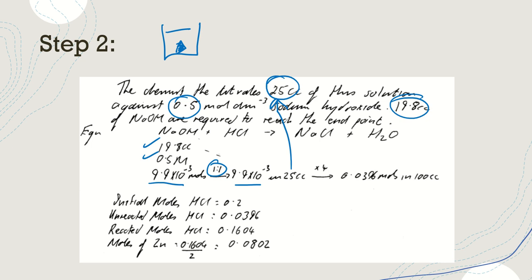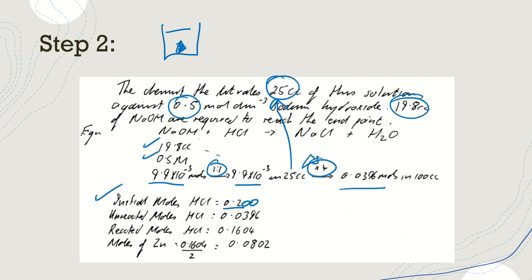So if I go to the next part, I need to work out how many moles of hydrochloric acid were left over and unreacted in my 100 cubic centimeters. I take my moles in 25 and multiply them by 4, and that tells me I have 0.0396 moles in 100 cubic centimeters of that solution unreacted. So I know moles to start with, 0.200.